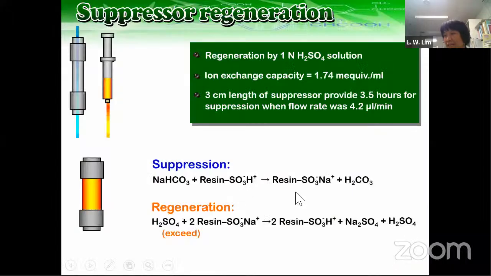So we will have to suppress first so that it will become a low conductivity like this, with carbonic acid, which has a lower conductivity.